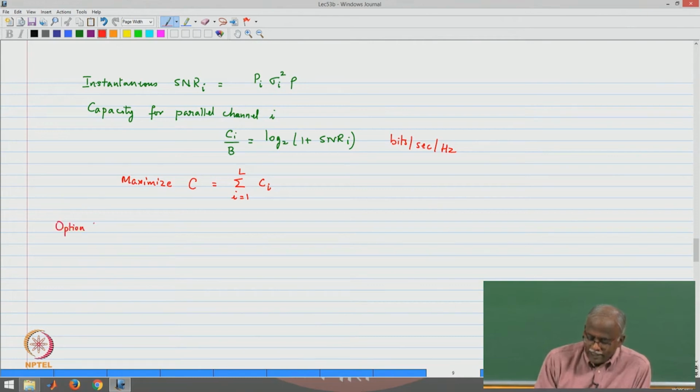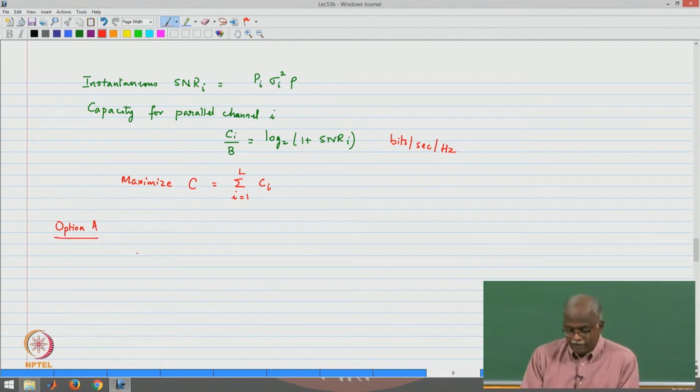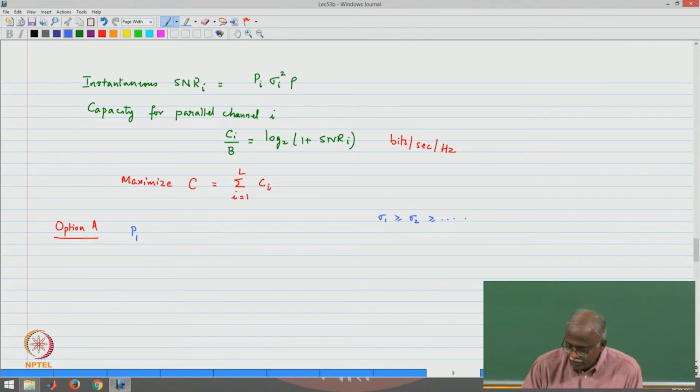So, the first one is what we call option A. If we do the following, then how are we doing in terms of the capacity? This is an allocation that we would like to do. P1, notice that we have made the assumption that sigma 1 is greater than or equal to sigma 2, greater than or equal to sigma L, that is, the channels are arranged in decreasing order of the SNR. So, P1 means the power allocated to the best channel, or the best of the parallel channels.